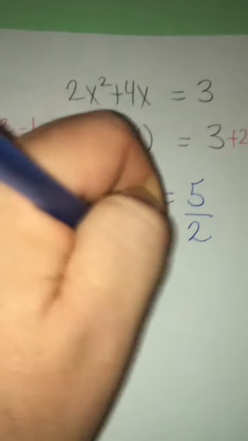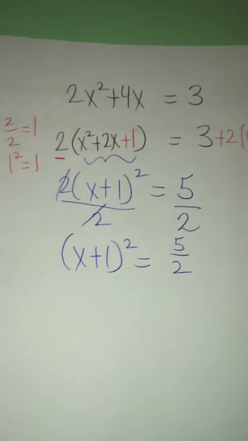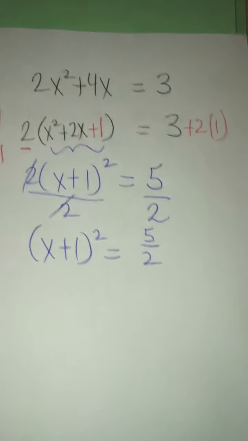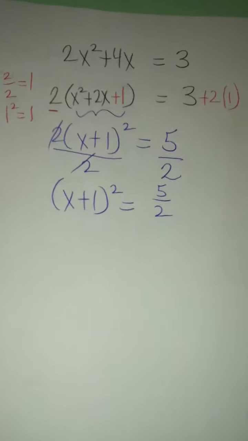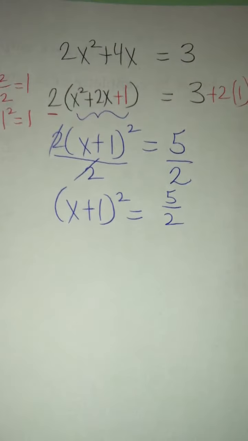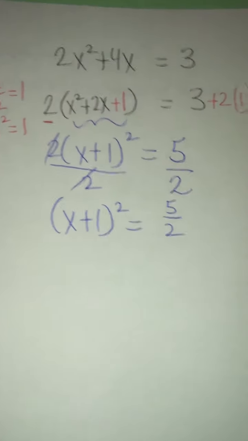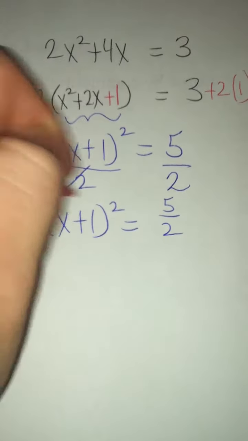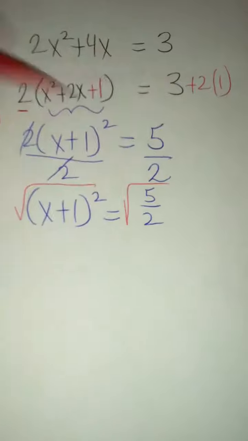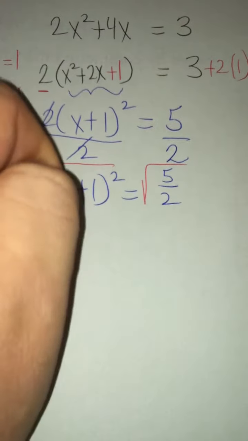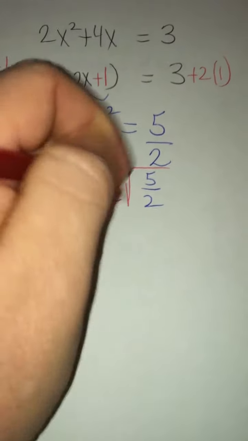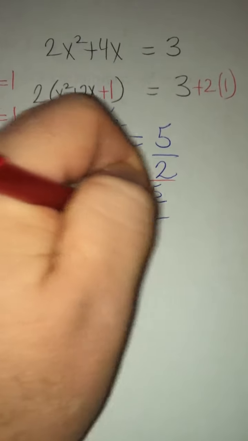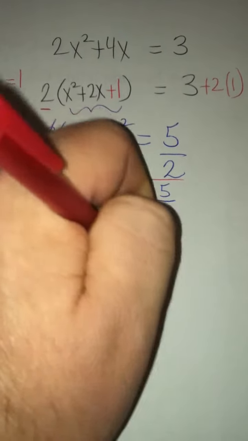Now we have the x plus 1 squared alone. Next step, we need to take the square root of both sides. So we have x plus 1 equal to square root of 5 over square root of 2.